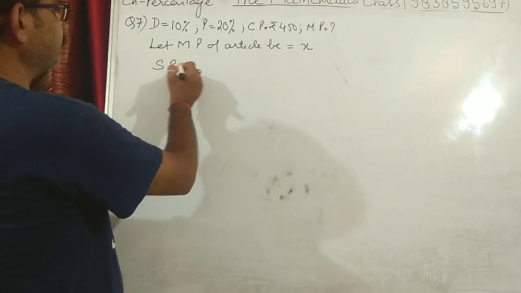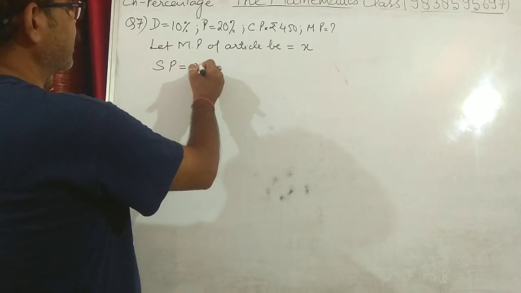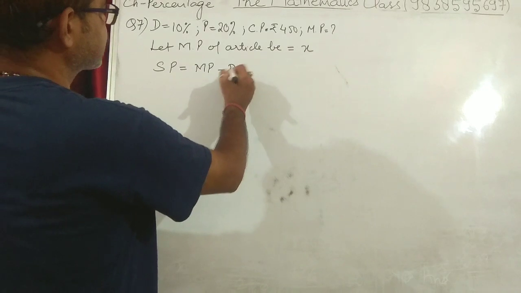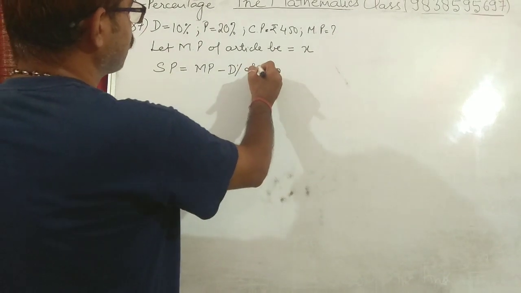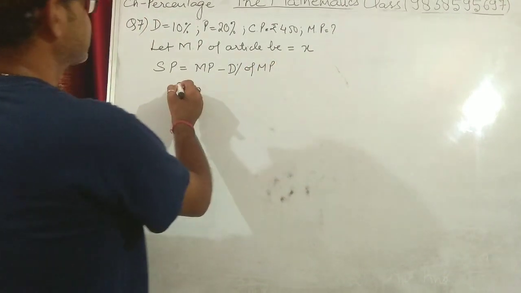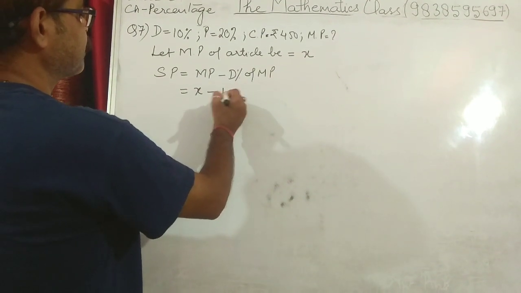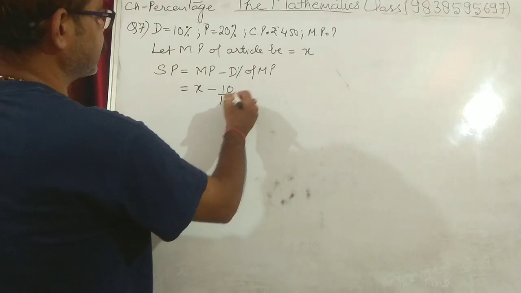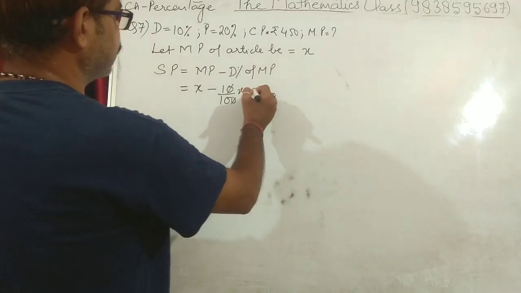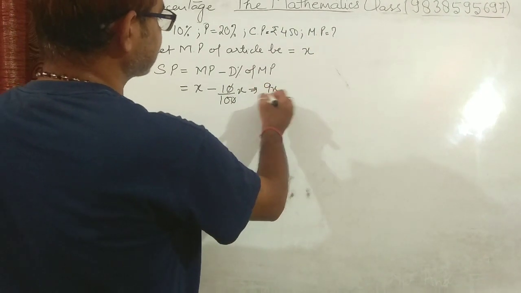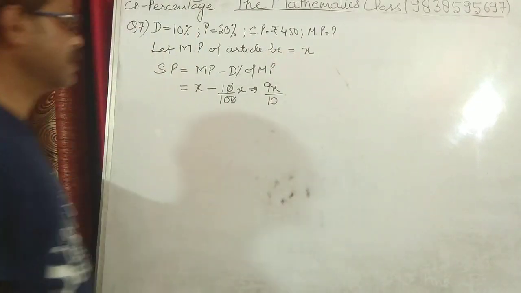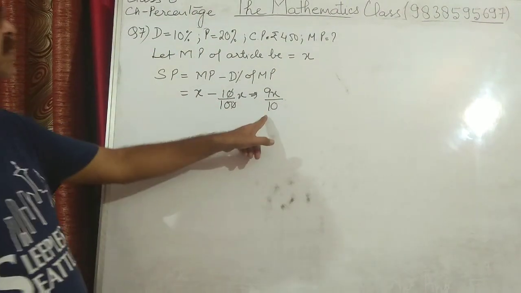We know that selling price is mark price minus discount percent of mark price. Mark price is X minus 10% of X, zeros cancelled. Finally you will get 9x upon 10 as the selling price.